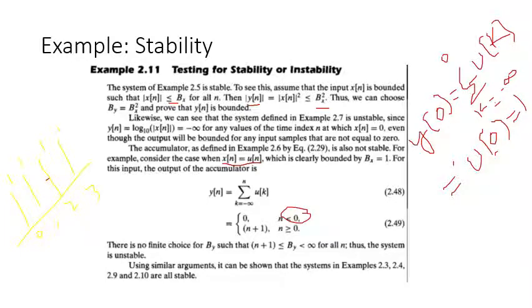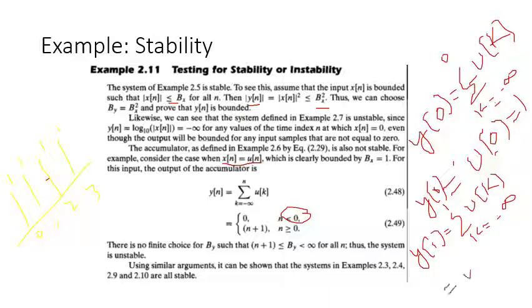But for n equal to 0, we have y of 0 is equal to 1. Now what if I go to y of 1? Y of 1 is equal to summation u of k starting from minus infinity going towards 1. So this will become u of 0 plus u of 1, which is equal to 2.